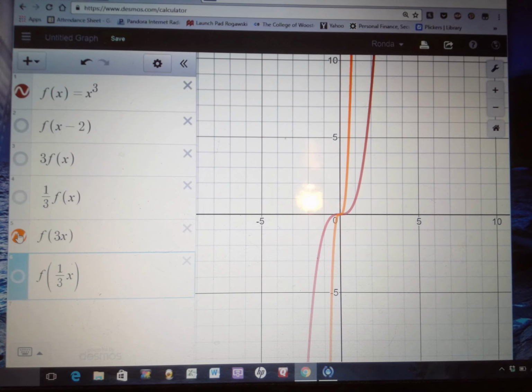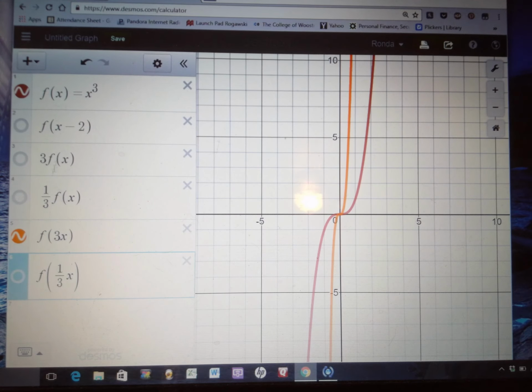The reason why is that if I put this into x cubed, then f of 3x would be 3x quantity cubed, which is really 27x cubed. So it's really going to pull my y values and shrink it horizontally, okay? So basically my graph is all in one little tight horizontal line.